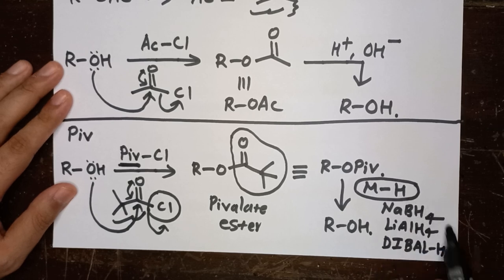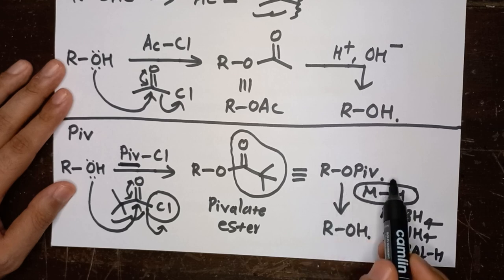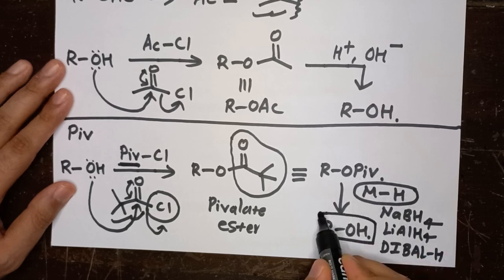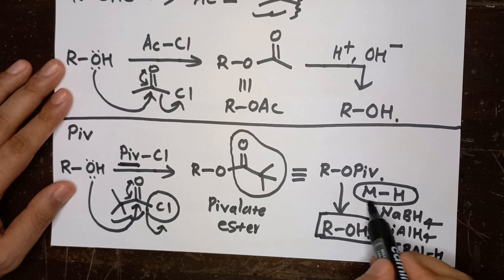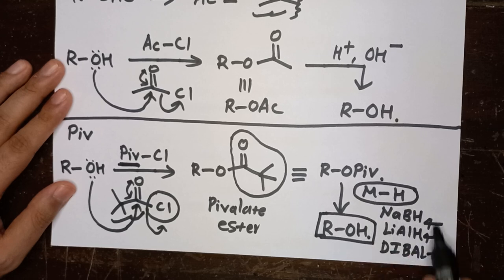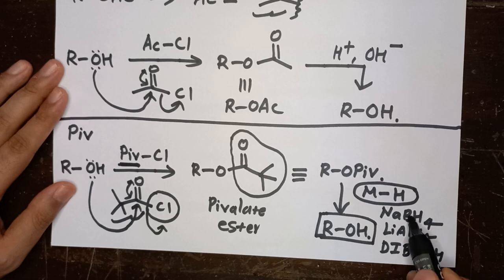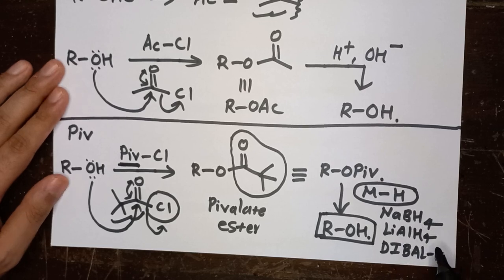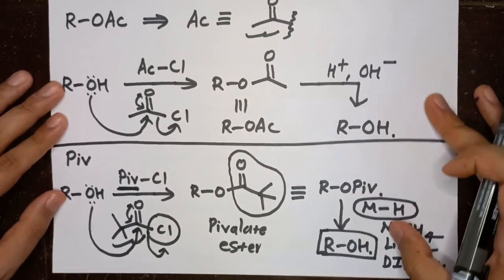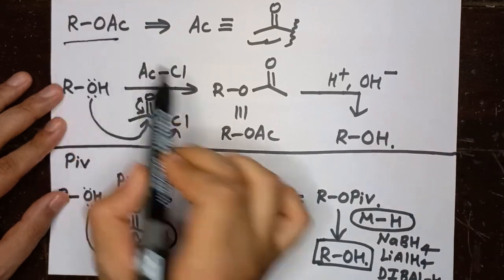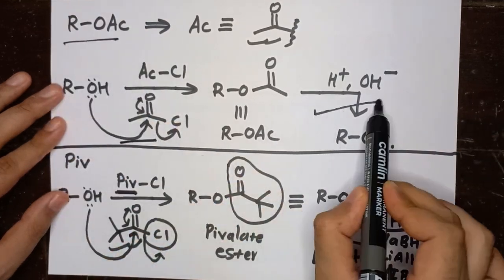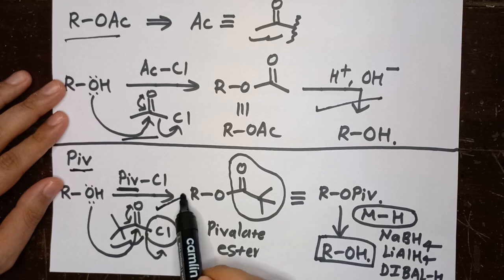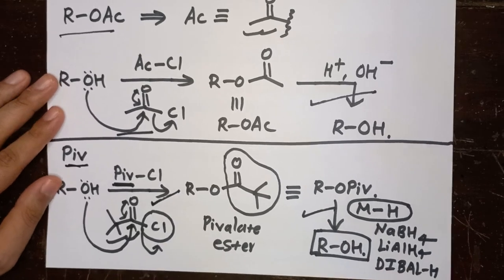So use any one of them to convert your ROPiv back to ROH. So you have to use a metal hydride. In all of these, the H minus is directly bonded to a metal, that is boron or aluminum. So this is about the ROAc protection and deprotection. This is about pivalate protection and deprotection.